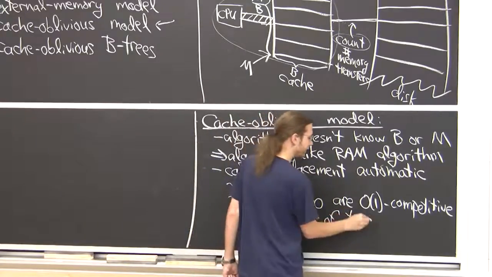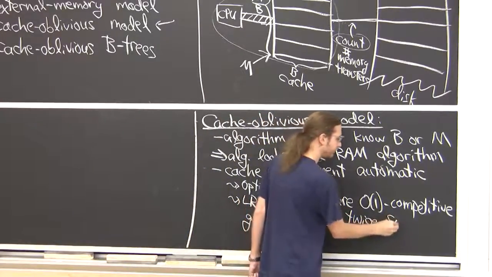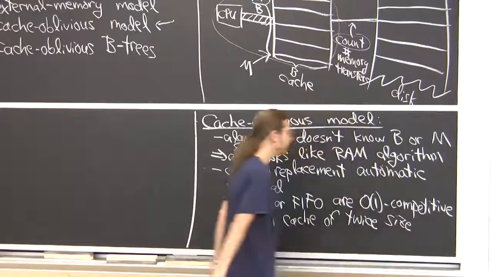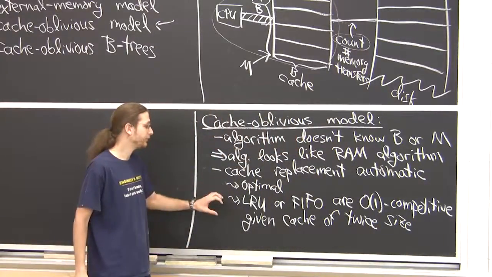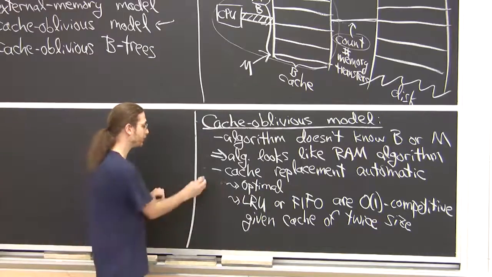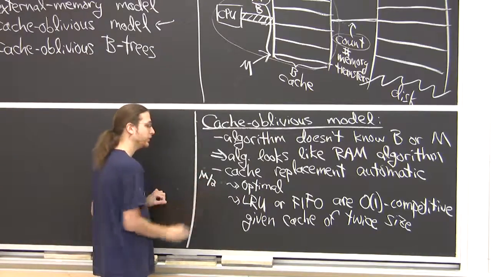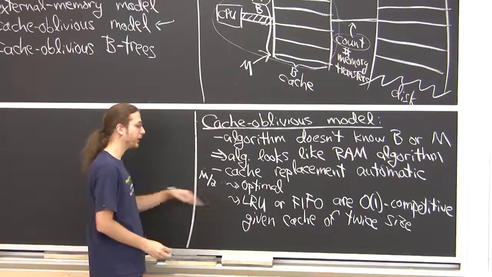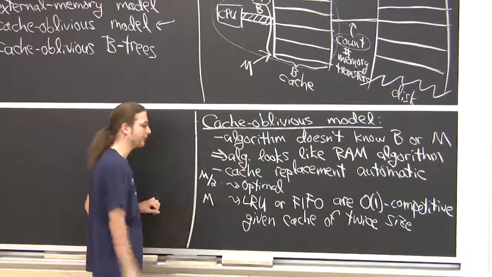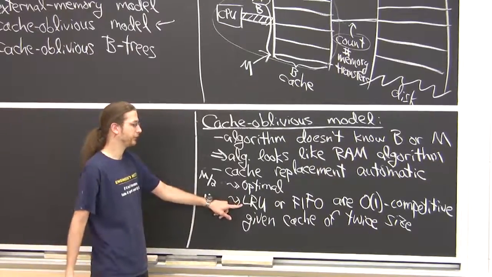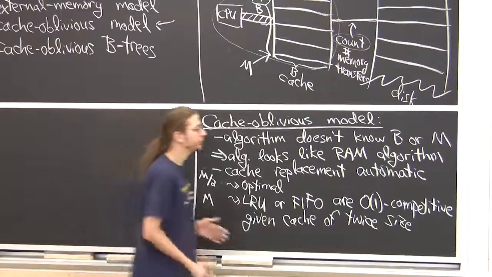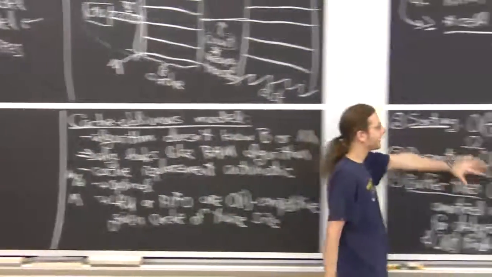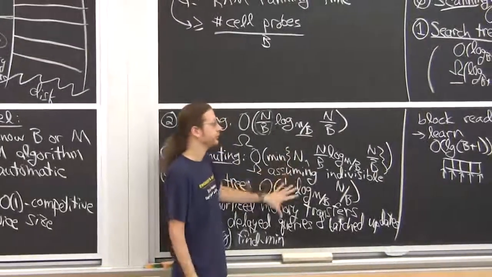This is from the early days of competitive analysis. It says if I compare offline optimal with a cache of size M over 2 versus LRU or FIFO, which are online algorithms, on a cache of size M, then this cost will be at most, I think, twice this cost. The good news is you look at all these bounds, you change M by a factor of 2, nothing changes.